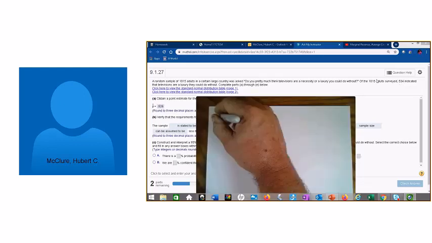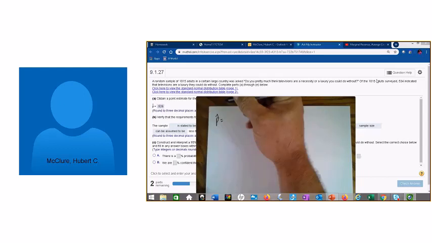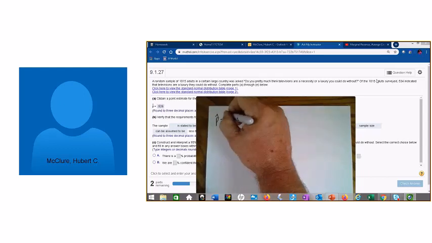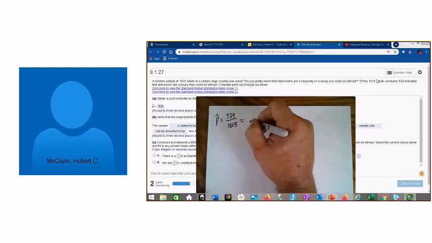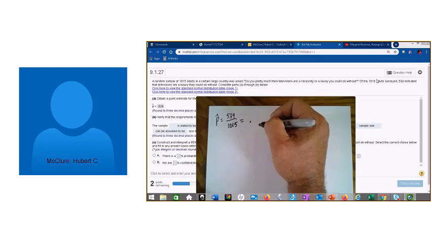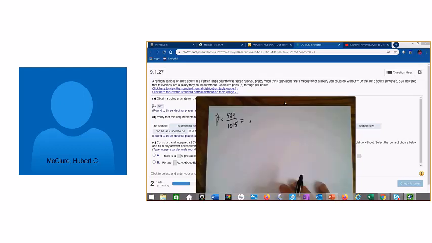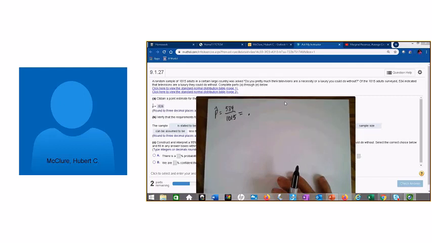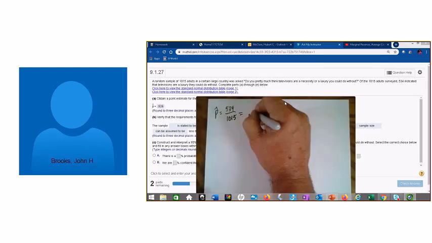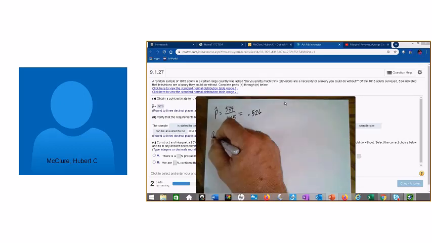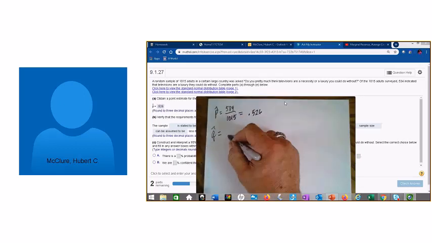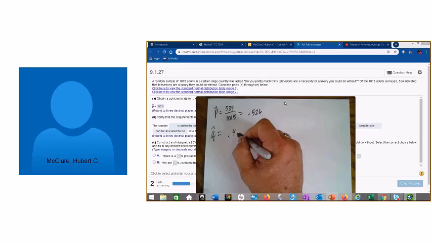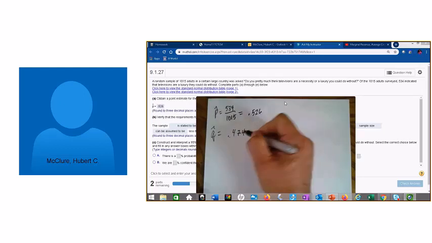So p hat is equal to 534 over 1,015. Somebody give me that number. Give me 3 digits. 0.526. Therefore, q hat is equal to 0.474.